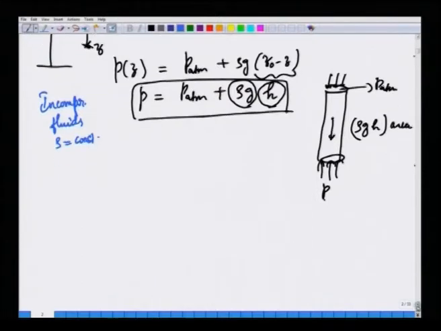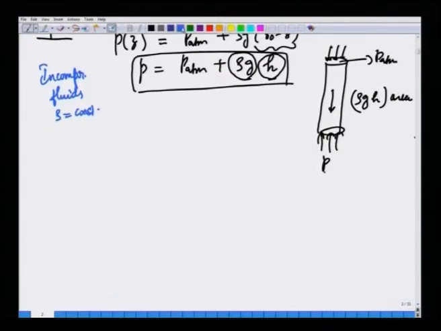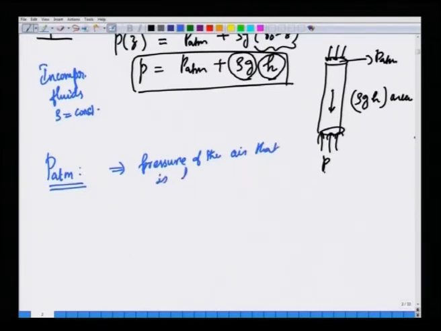Okay. Now, let me just spend a couple of minutes commenting on the nature of atmospheric pressure. P atmosphere, the atmospheric pressure, is precisely the pressure of the air that is present in the atmosphere. Okay.